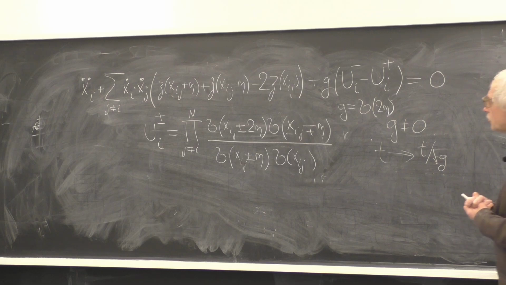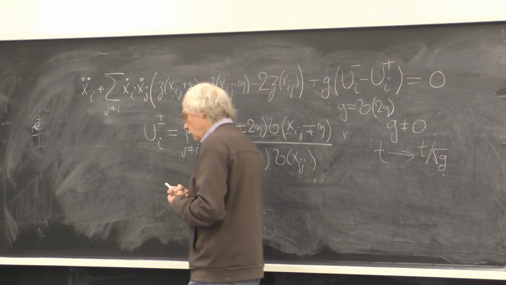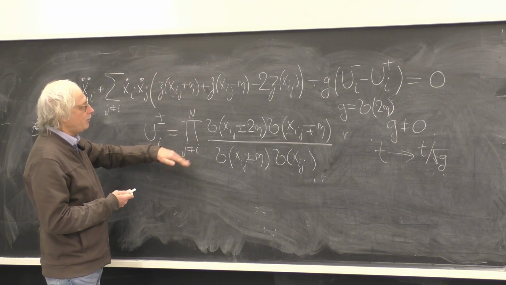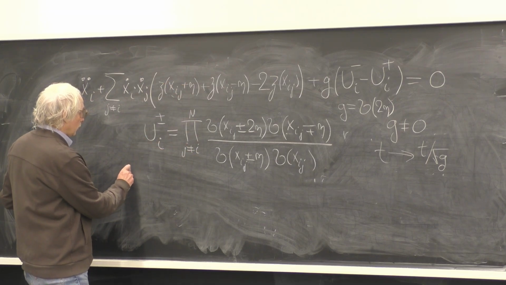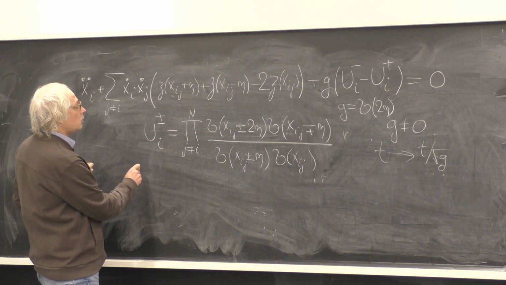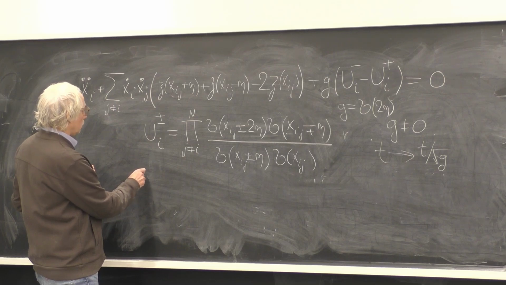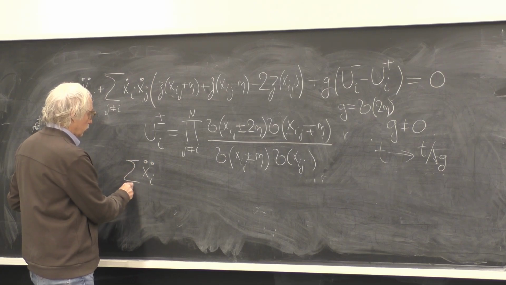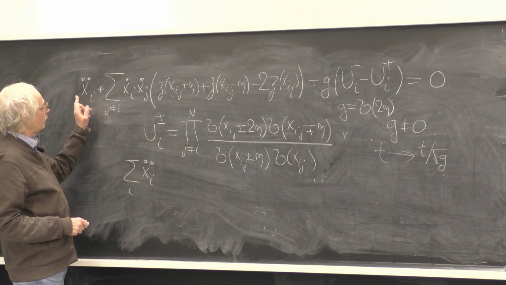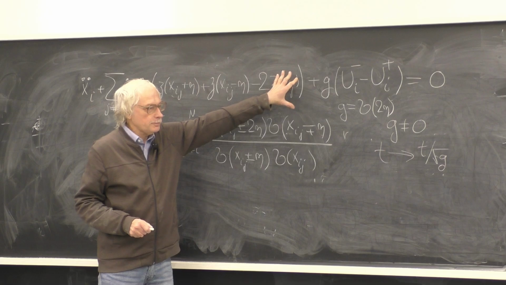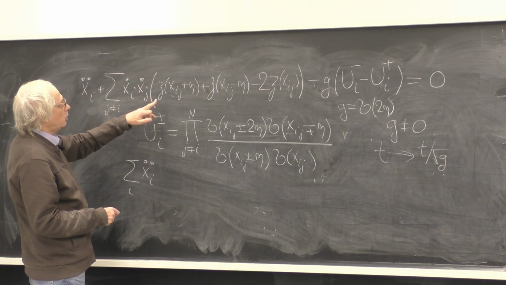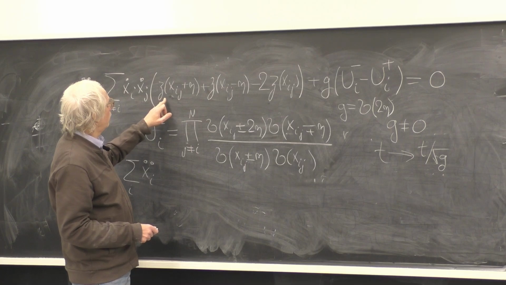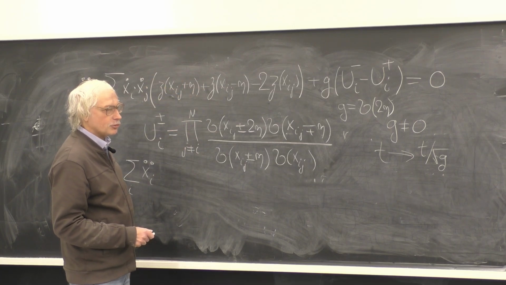One integral of motion can be found very easily. Just sum all these equations over i. Then we have the sum of second derivatives. This term cancels, because it is easy to see that it cancels.